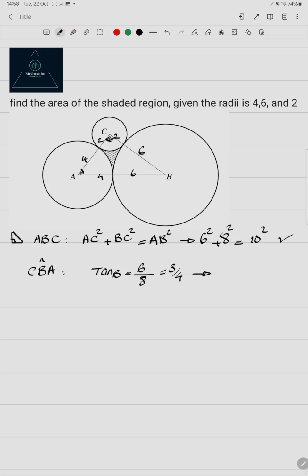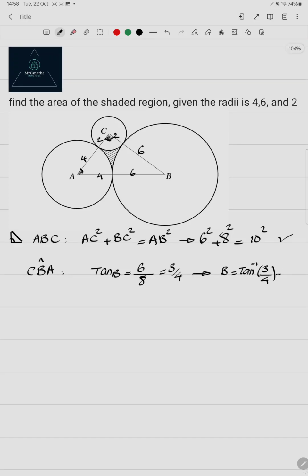If you are a bit of a maths geek like me, you would realize that B would be tan inverse of 3/4, and you would remember that to be somewhere around 37 degrees or 0.64 radians. I'm going to do this question in radians just for a change.